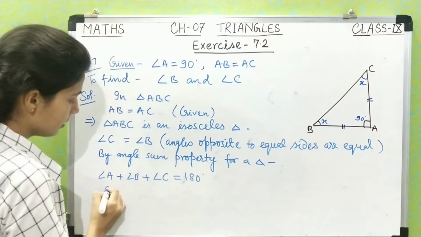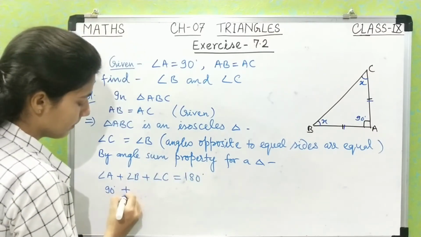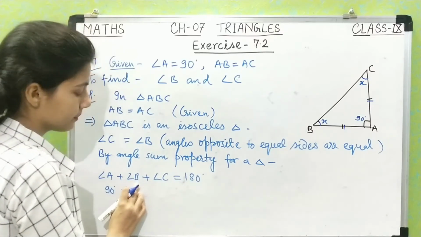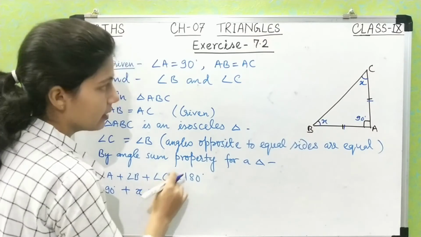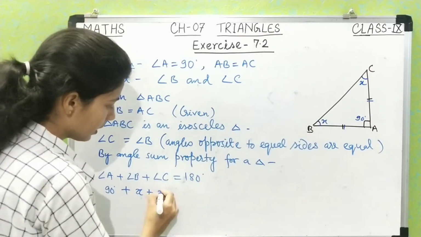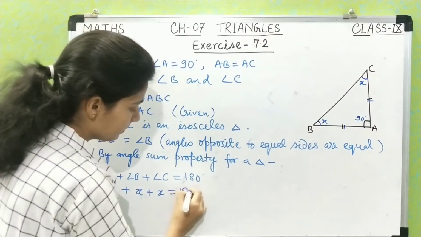Here angle A is 90 degrees, plus angle B, which we have taken as X, plus angle C, that will also be X, equals 180.